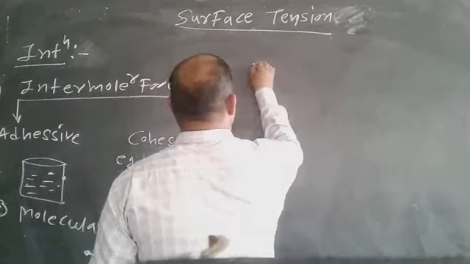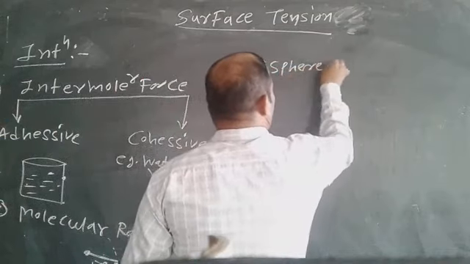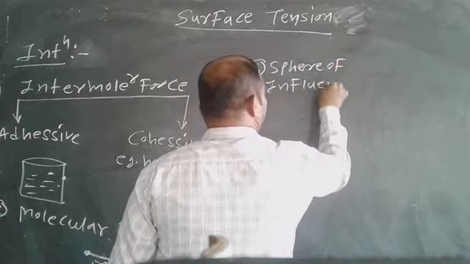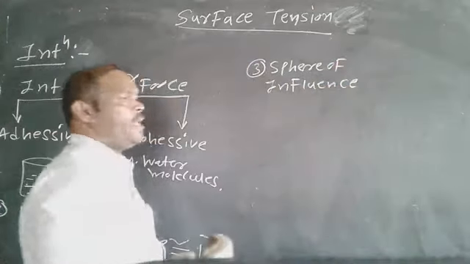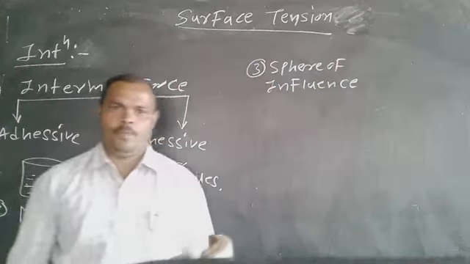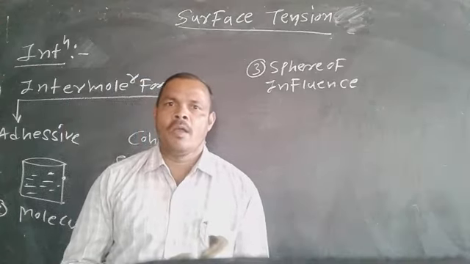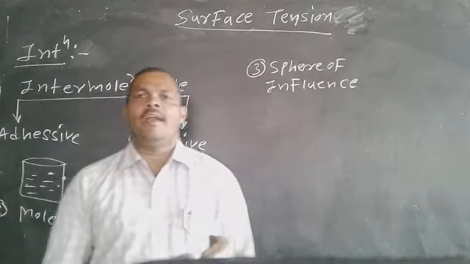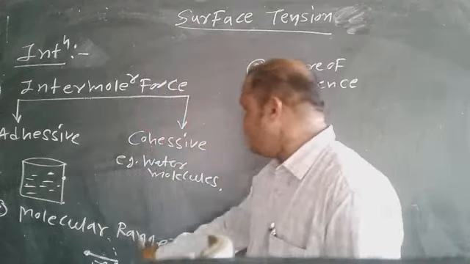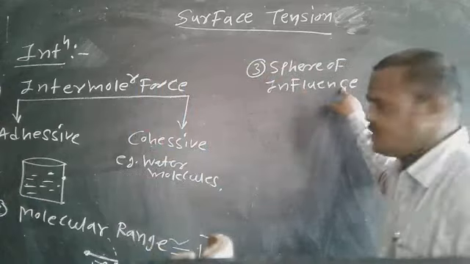Next, sphere of influence. So the imaginary sphere drawn around the molecule, taking molecule as a center and radius equal to molecular range is called as sphere of influence.